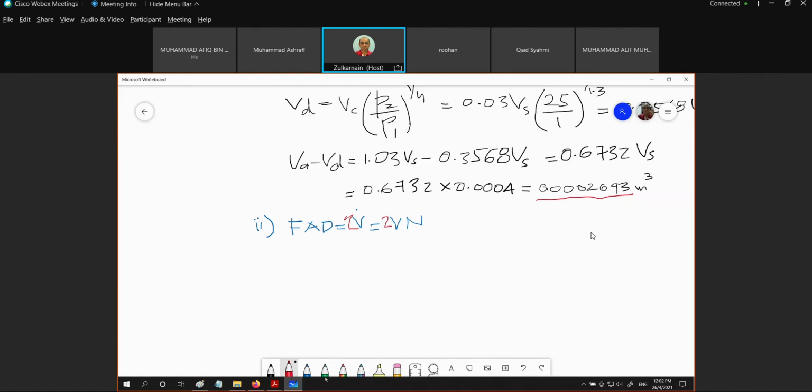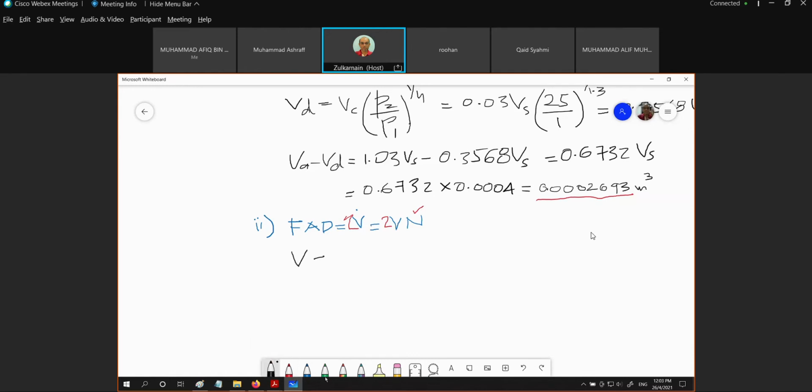The VA minus VD is only for one side, and the question tells us that this is a double acting, meaning that we have 2. So how to get the V? The N is given. Now we are going to get the V.